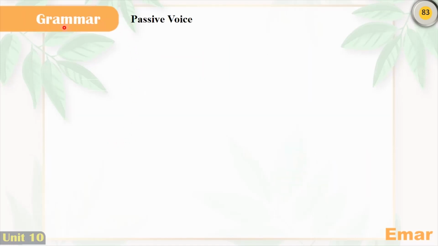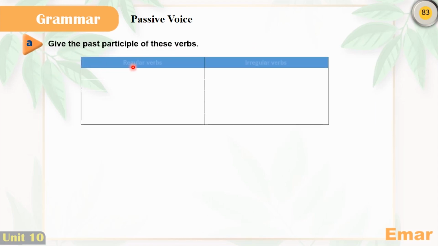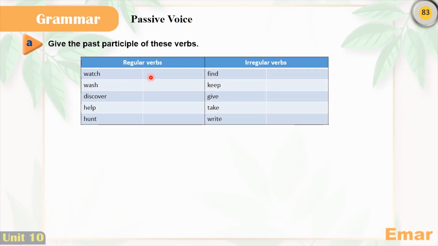Moving on to the grammar, the passive voice. Exercise number A on page number 83. Give the past participle of these verbs. We have a list, and this list is divided into two parts, regular verbs and irregular verbs. On the regular verbs, we have watch. And you know that in regular verbs, we simply add ed to the end of the verb to make it in the past, or in the past participle as well. For example, watch, we just simply add ed, watched.